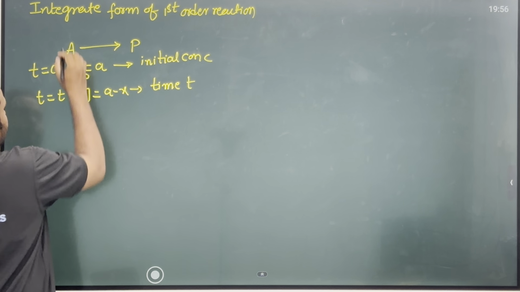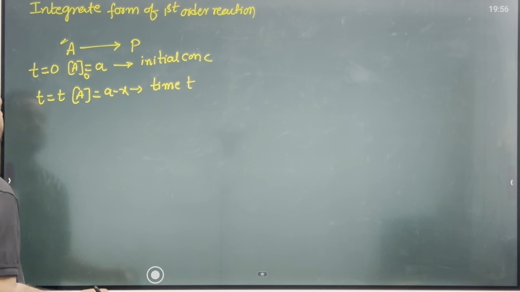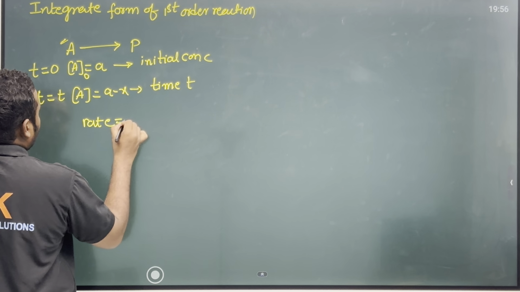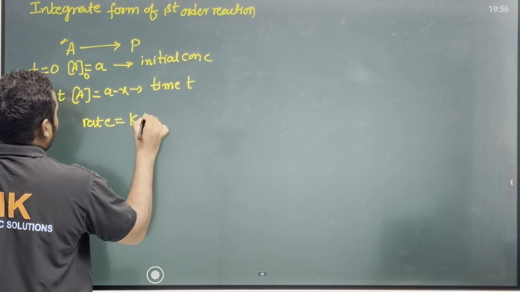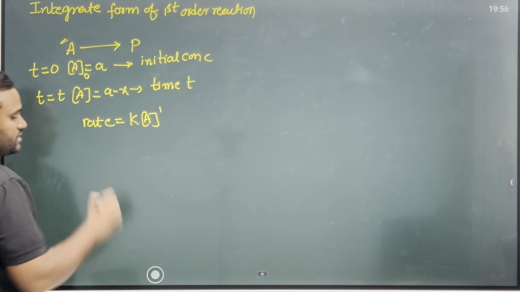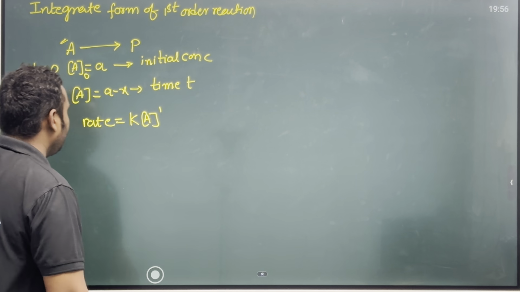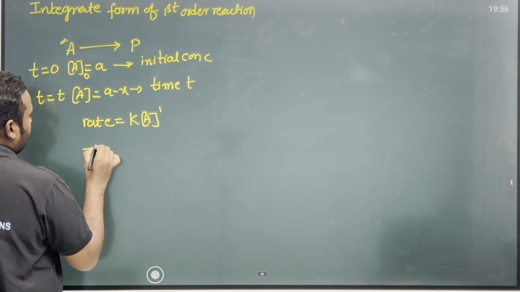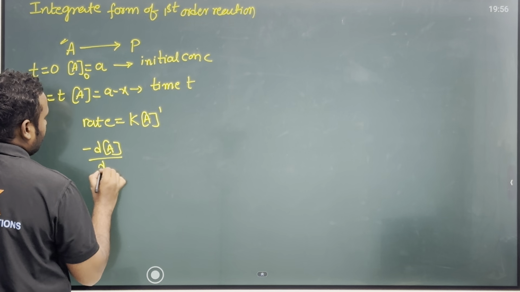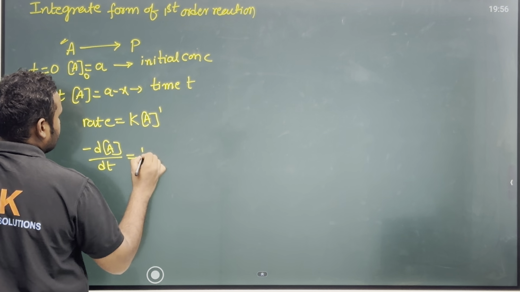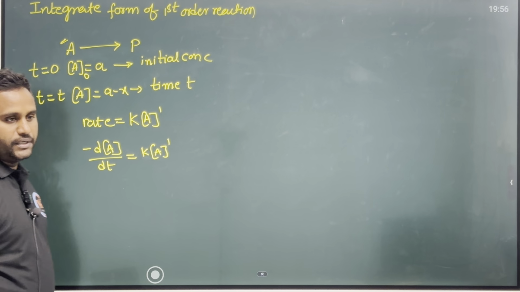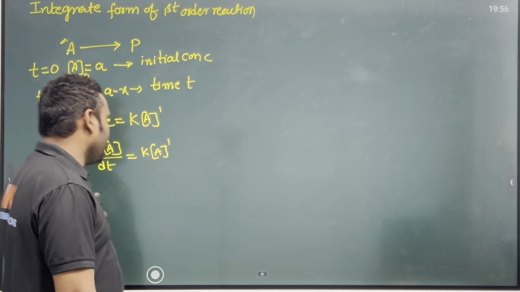In the first order reaction, we already know rate is equal to K into A power 1. How can we write the rate of this reaction with respect to A? Minus dA by dt is equal to K into A power 1.